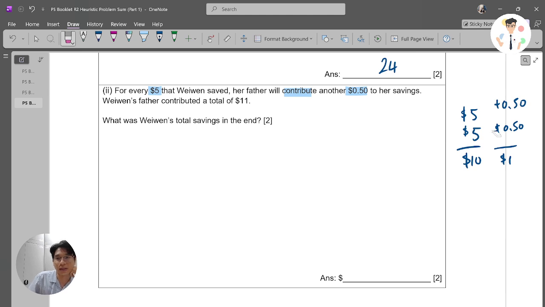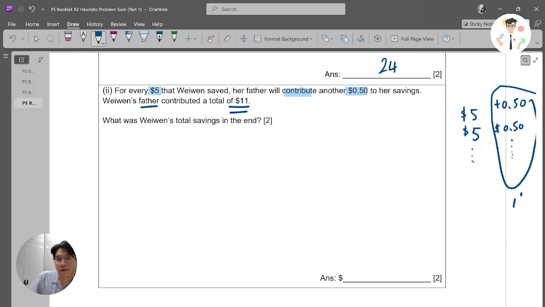Now, the question continues to say the father contributed a total of $11. I don't know the amount here, but I know all these add together to 11.